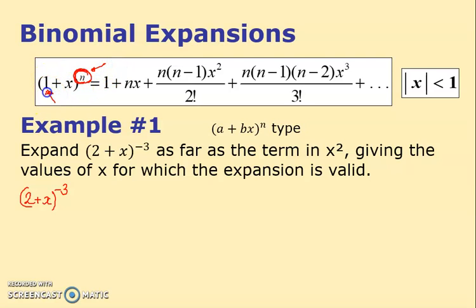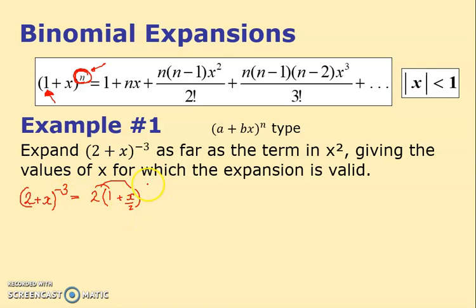And you must always have these with a 1 plus something, or it could be 1 minus, but it must be a 1. And ours isn't, it's a 2, so I've got to make it a 1. The way I make it a 1 is take out 2 as a common factor. So 2 times 1 will give me the 2, and this is the one that you've just got to be a bit careful of. It becomes x over 2, so when I times that, it still works.